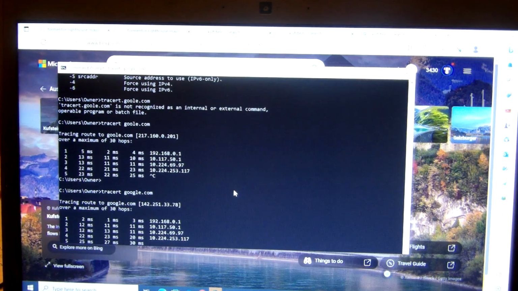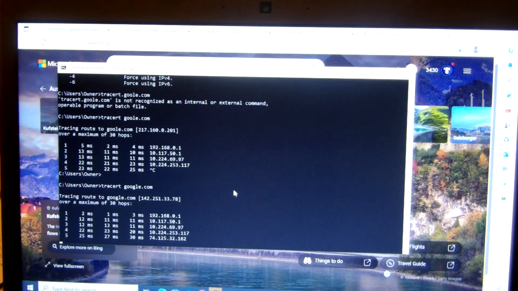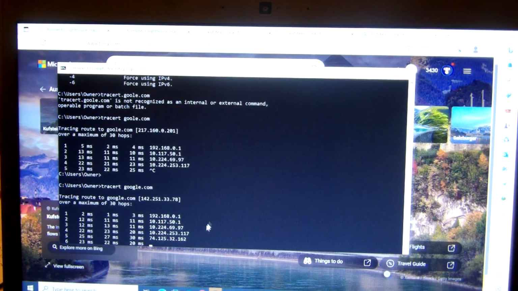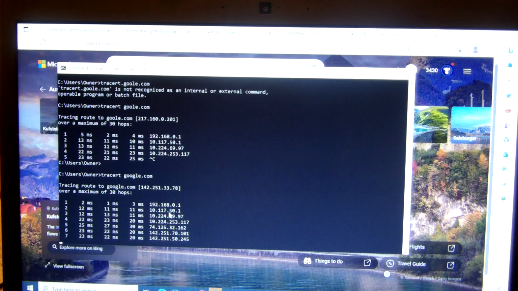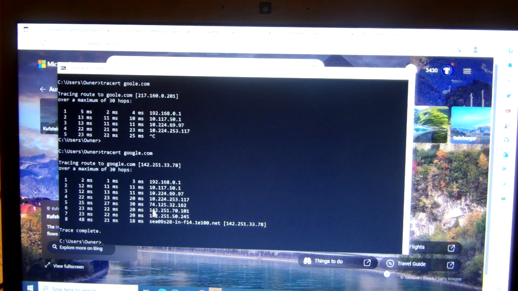There are many routers along the way, and they write here: you have the gateway for our IP config, and then these are the IPs of those hops it needs to go through until it gets to this address, google.com. Okay.